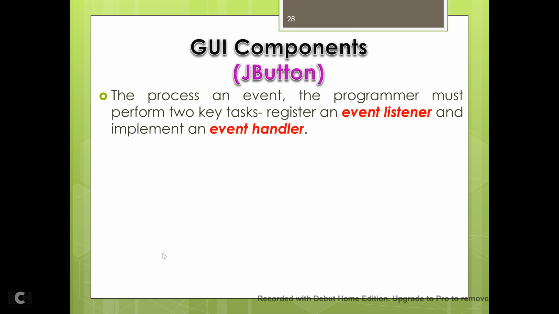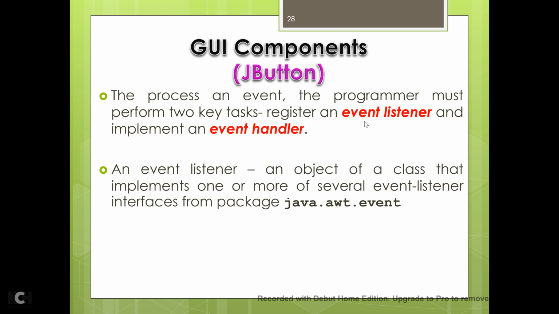To process an event, the programmer must perform two key tasks: register an event listener and implement an event handler. This is very important. You need to plan nicely what would be the event listener and what would be the event handler. An event listener is an object of a class that implements one or more of several event listener interfaces from package java.awt.event.